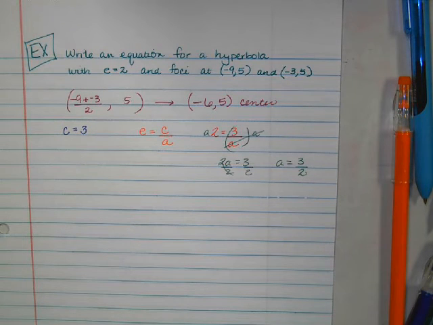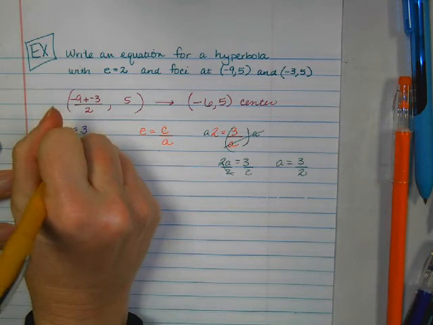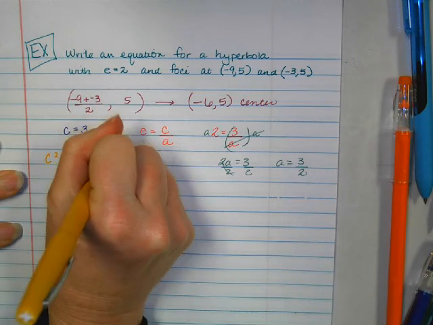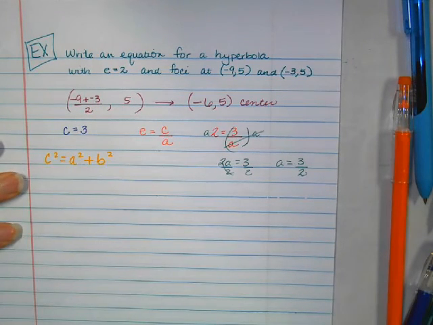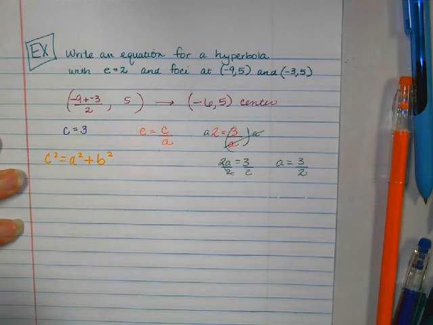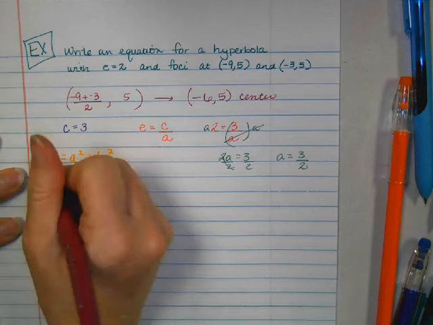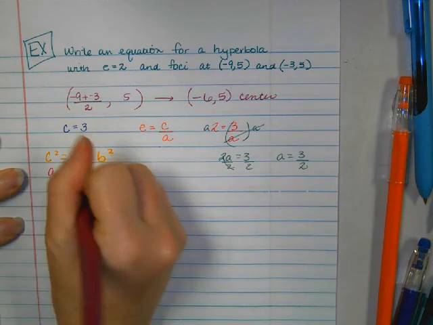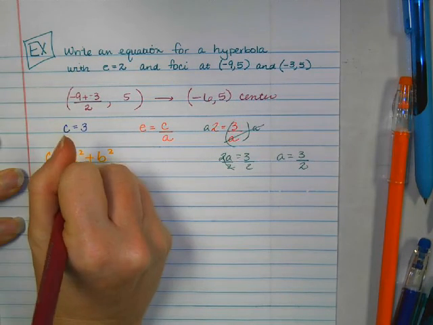Awesome. And now that you know that, you can find B, because we can plug it into my focus equation, C squared equals A squared plus B squared, and solve for B. So C squared is 9, and A squared is 9/4.